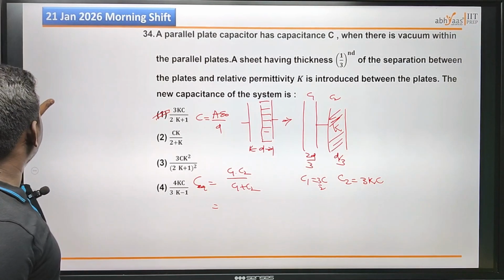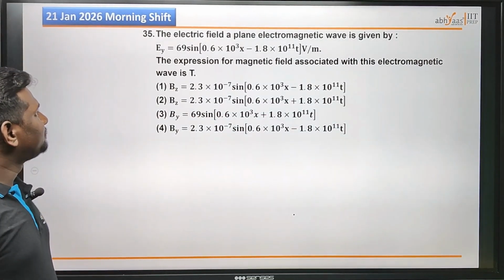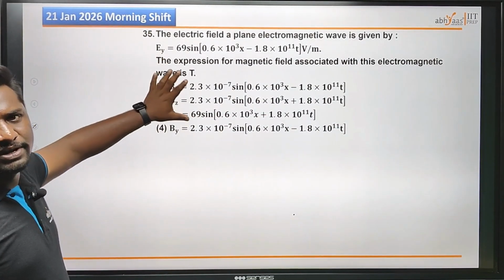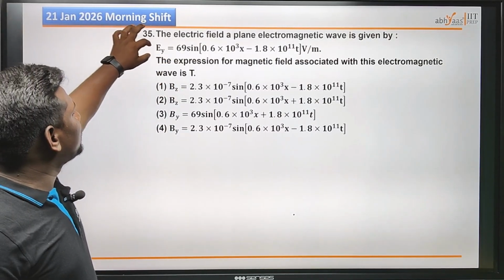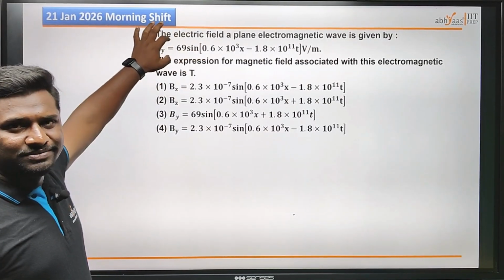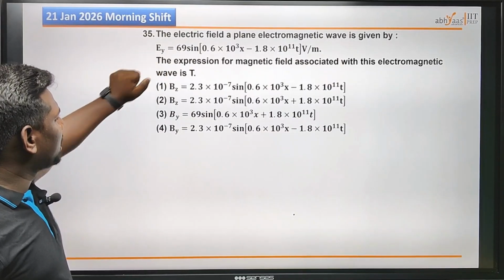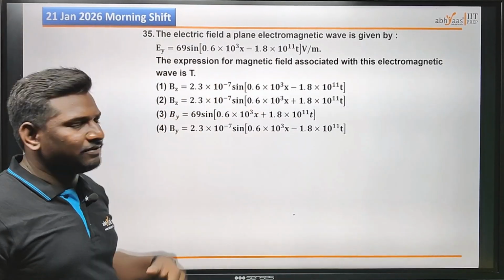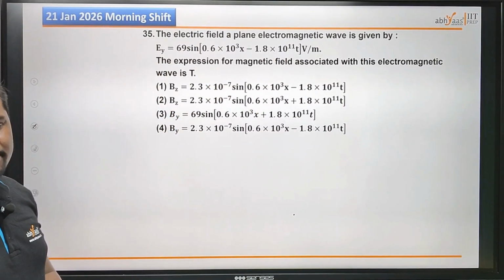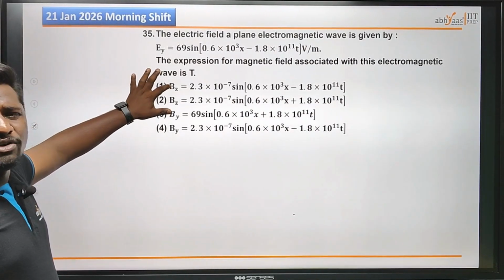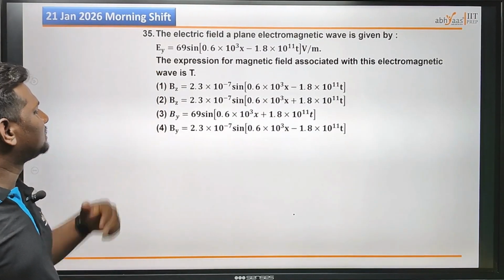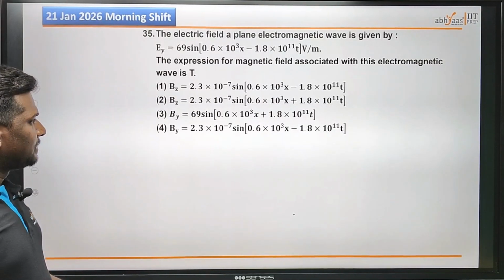So next one, see here, one more question is there, from electromagnetic waves. They have given the electric field in the direction of y, and they are asking for the magnetic field. What is the difficulty here? The magnetic field along the axis, you have to find first.